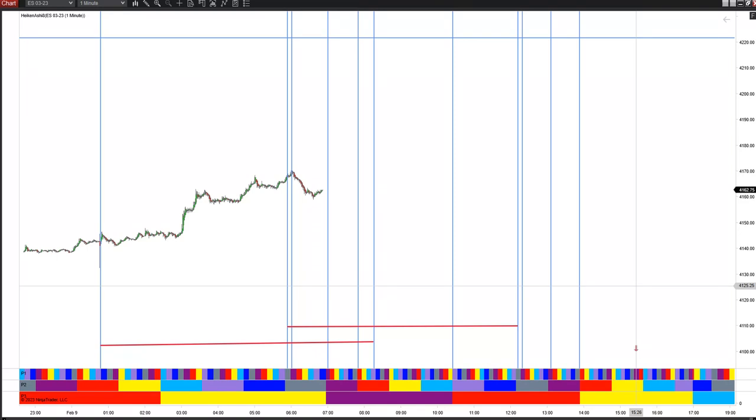So I'll look for the bigger moves to form in the Vedic timing windows, and then these moves, if they're by themselves and not in a Vedic timing window, I'll use these for short-term scalp trades. But for the bigger swings and the bigger intraday swings, I usually key those off the Vedic timing windows.